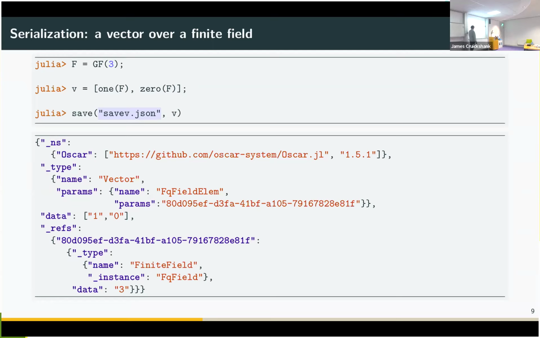I have the field of integers mod 3, and this 3 is enough to specify which field is meant. You can imagine that if we take a non-prime field, it's getting more complicated because we have to encode also the polynomial which defines this field. But we see the idea is to explicitly describe a way to reconstruct the object.